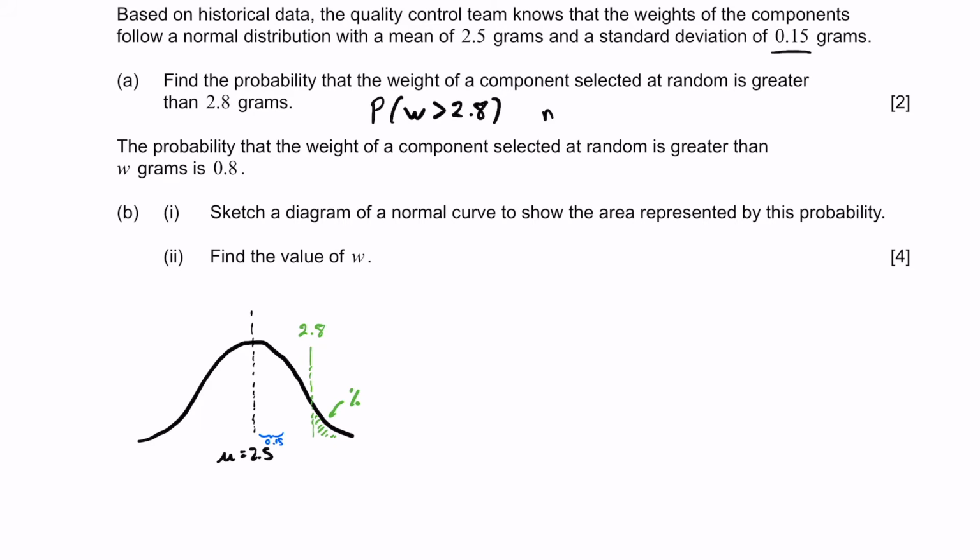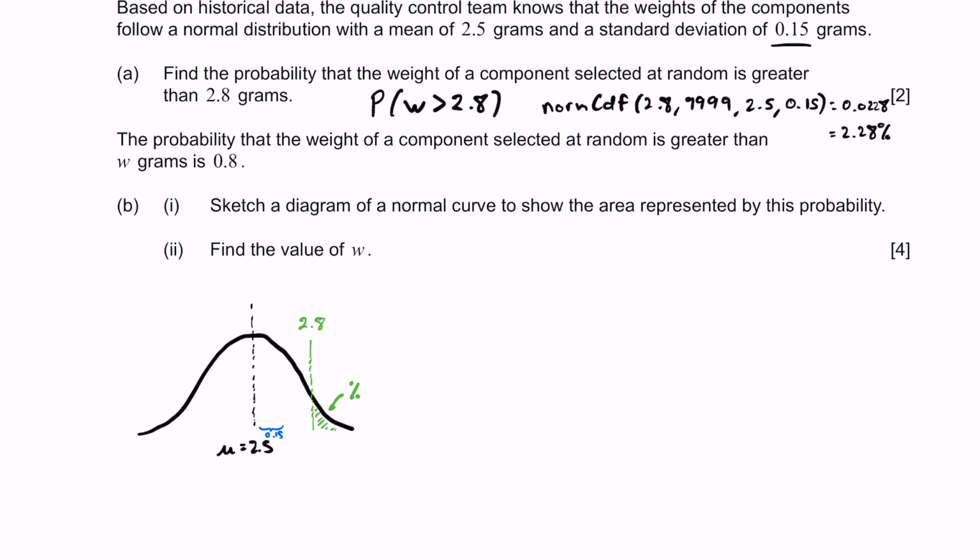So we could also write, for example, norm CDF, lower bound, upper bound, and this one might be a little different if you've chosen, let's say 100, mean, standard deviation. And then our answer in the end was 0.0228. If you want, you can represent that as a percentage, and that's fine as well.